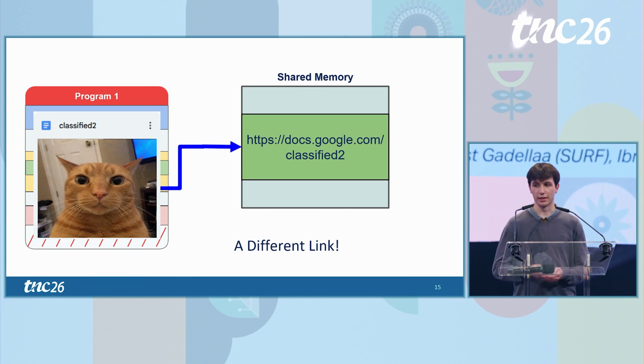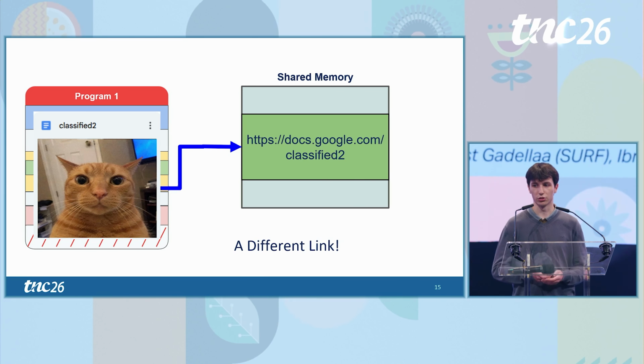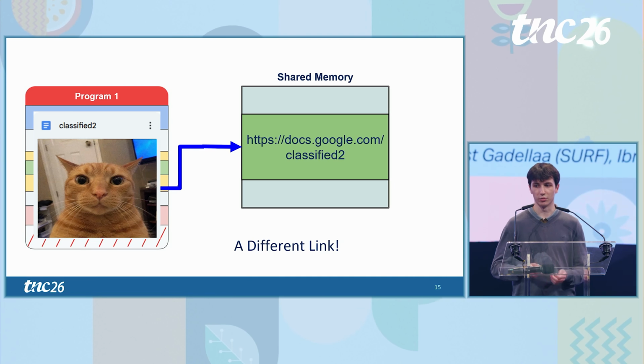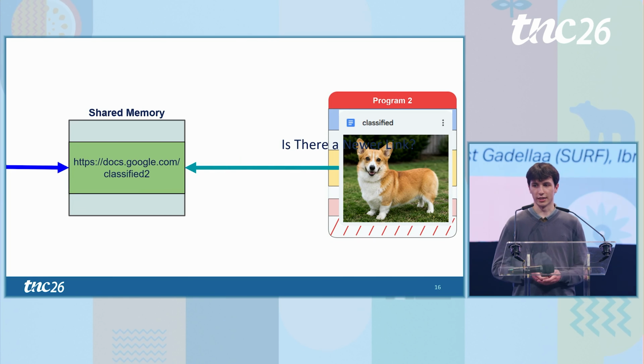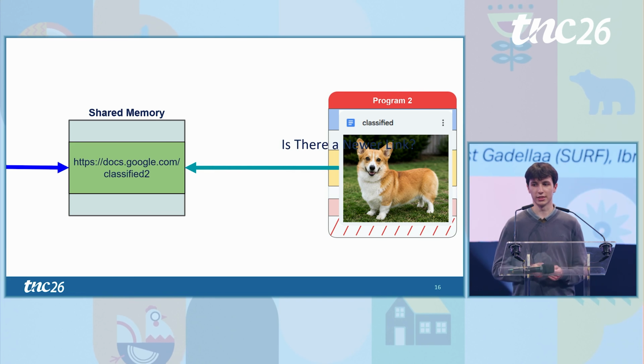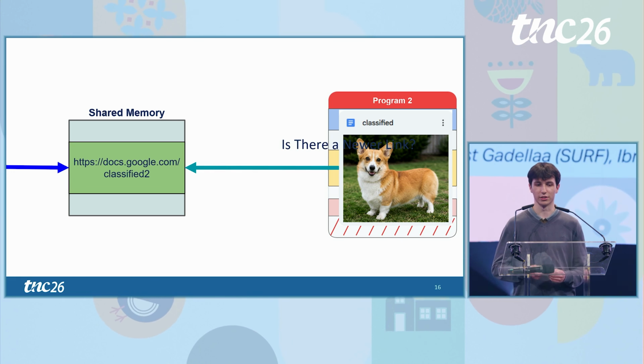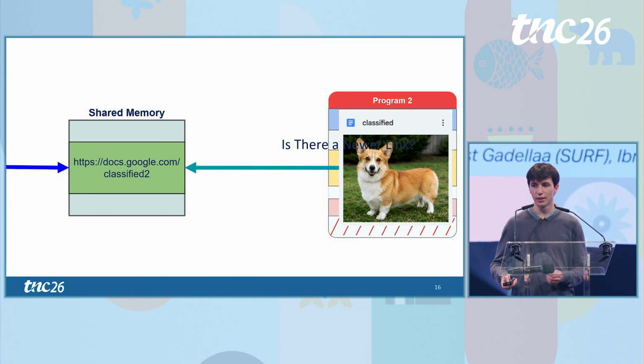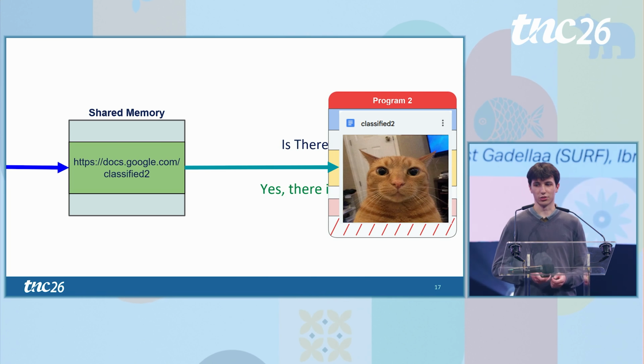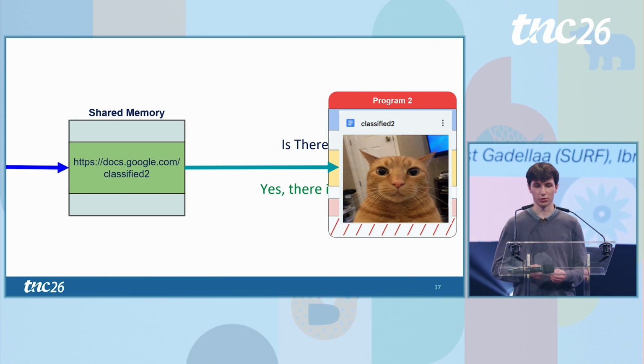How we do this is that we simply generate a new link to the new change document and replace the existing one in the shared memory. So whenever any other program wishes to access the doc, it needs to check the shared memory every single time to see if there is a newer, different link. If it then sees that there is a newer one, the program just grabs the new link and can instantly go answer the user queries.